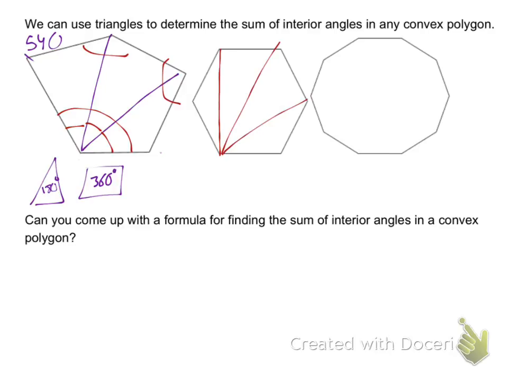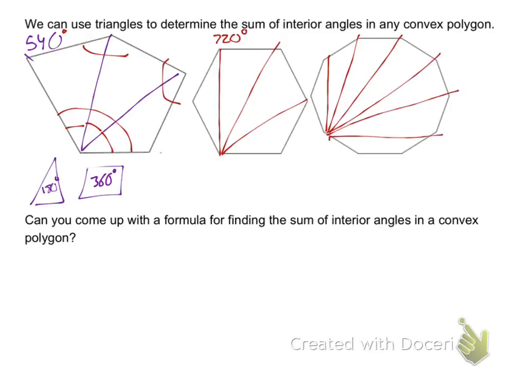How many triangles can I make with this one? 4. 4 times 180 is what? 720. Next one. This is a fun one. 1, 2, 3, 4, 5, 6, 7.